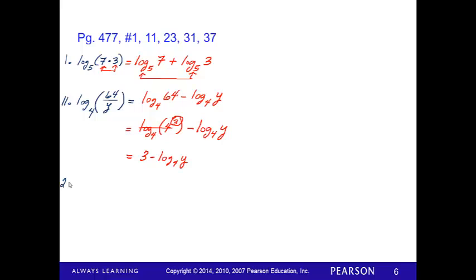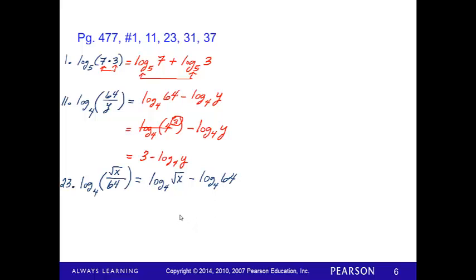All right, number 23. So this time we have log base 4 of the square root of x divided by 64. And of course we have a quotient, so we're going to go ahead and separate this into two logs. So now we have log base 4 of the square root of x minus log base 4 of 64.